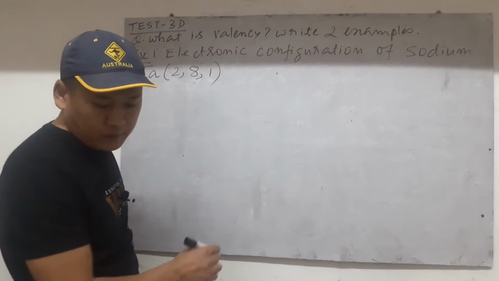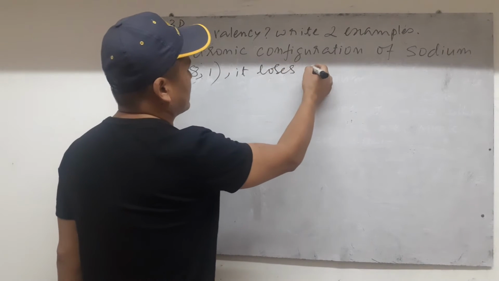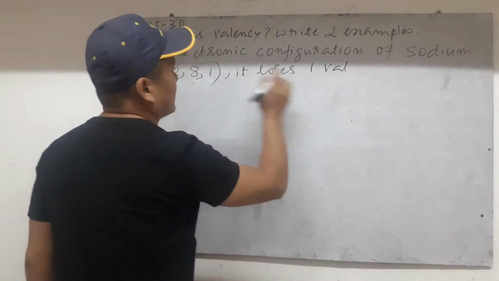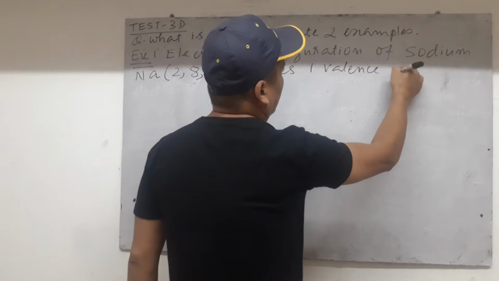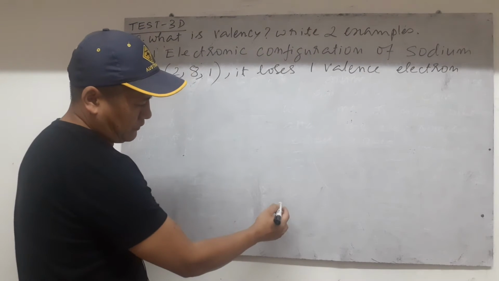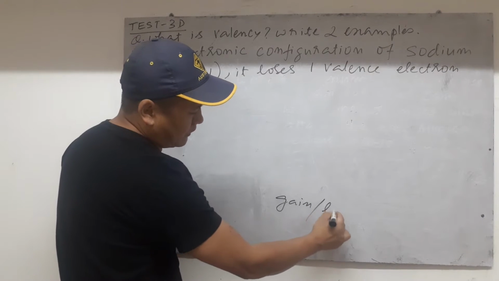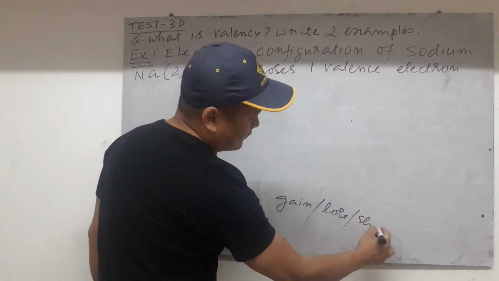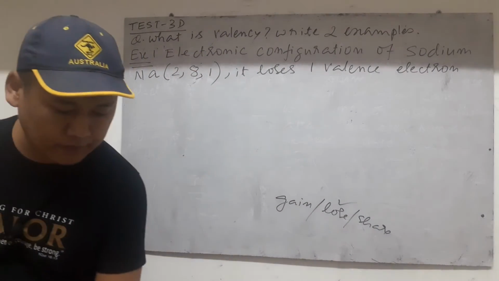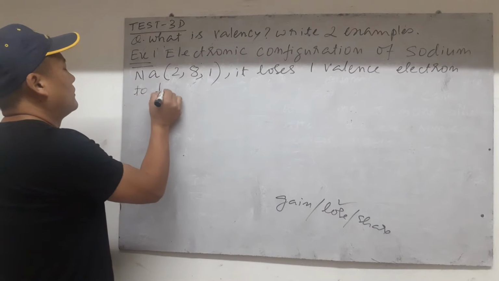Okay, it loses. Why does it lose? I'm going to explain. It loses 1 valence electron. It will lose this 1 valence electron. Why does it lose? Do you remember? The number of valence electrons an atom can gain or lose or share. In this case of sodium, it's losing, to form sodium ion.